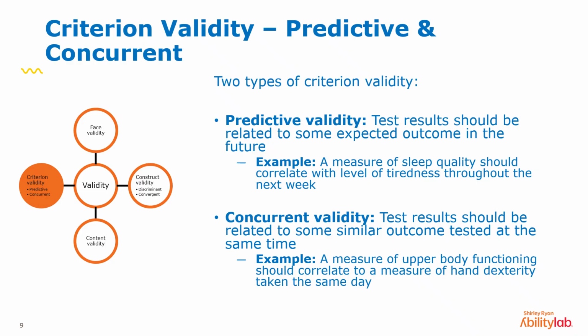The 6-minute walk test demonstrates concurrent validity if its results correlate strongly with peak oxygen uptake, or VO2 max, measured during a graded treadmill test administered during the same session. If individuals who walk longer distances on the 6-minute walk test also demonstrate higher aerobic capacity on the treadmill assessment, this supports concurrent validity.